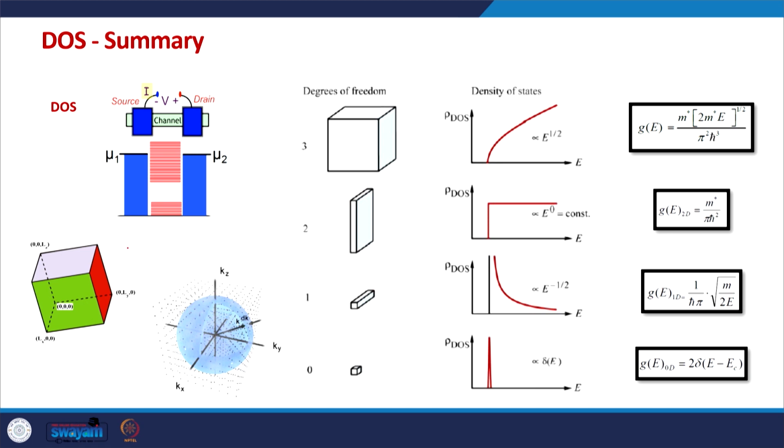Then we delved into the idea of density of states in the devices, especially of the channel, and that we can obtain from the E-k relationship. Between them, we also dealt with the Kronig-Penney model, or how the electrons behave in solids essentially.